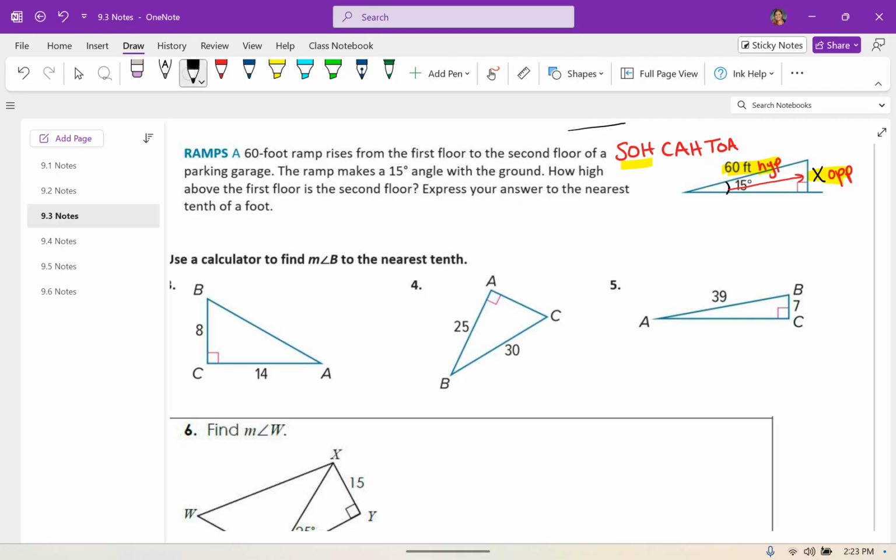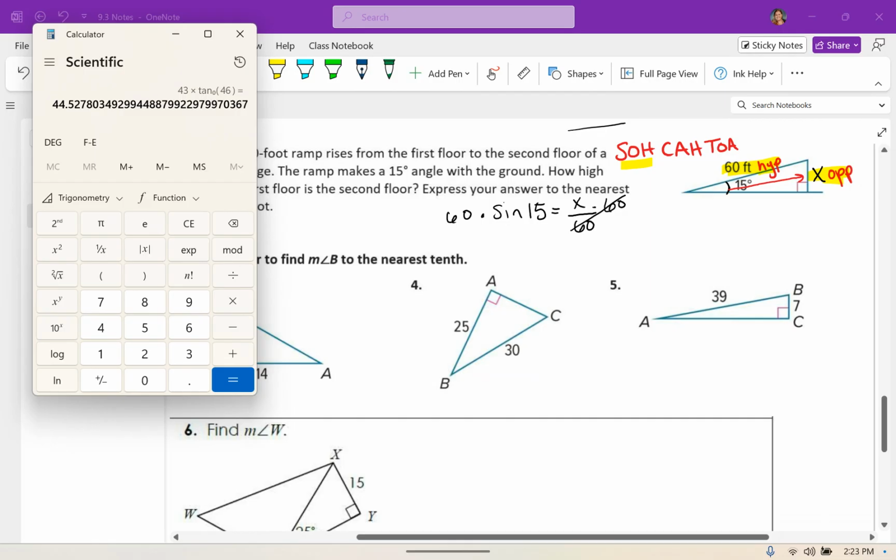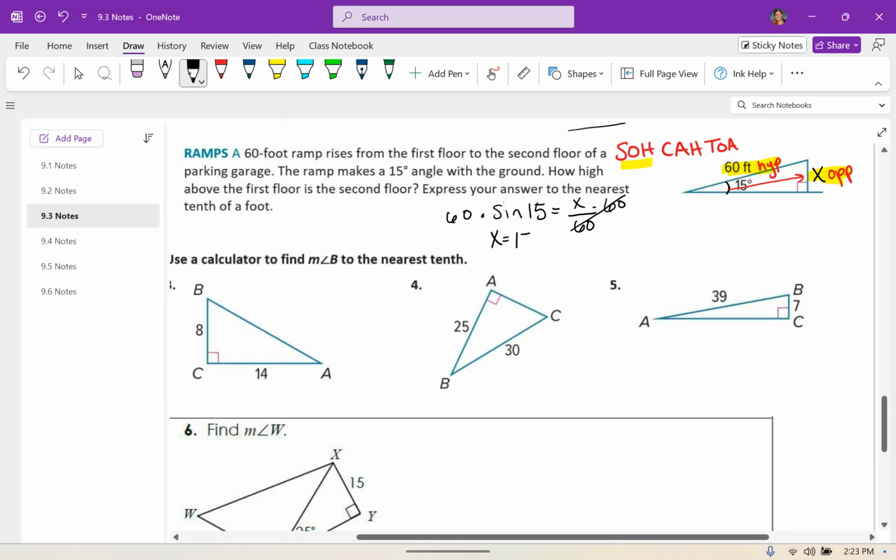So I'm going to do sine of the angle equals opposite over hypotenuse, and solve for x. So let's do 60 times sine of 15, which is about 15.5. So x is 15.5, and is it feet? Feet. Perfect.